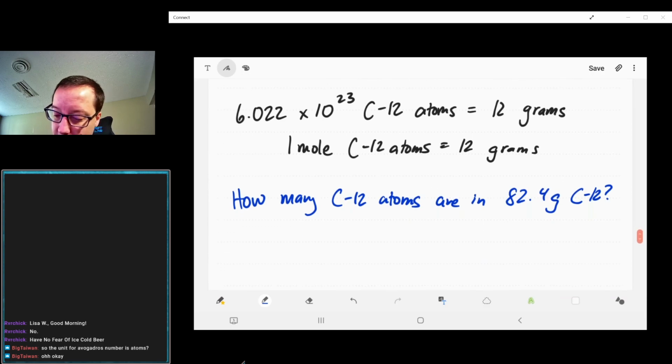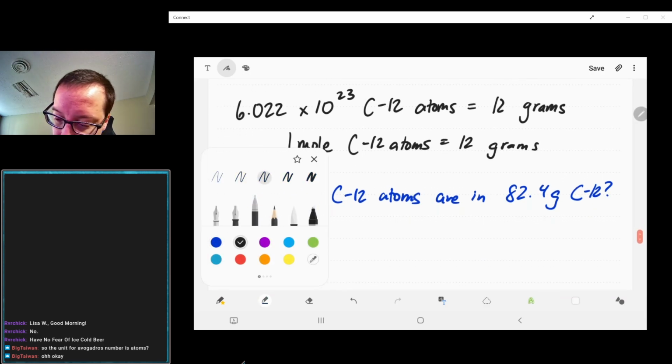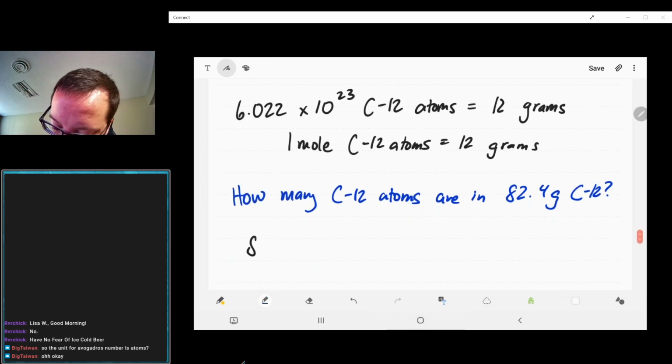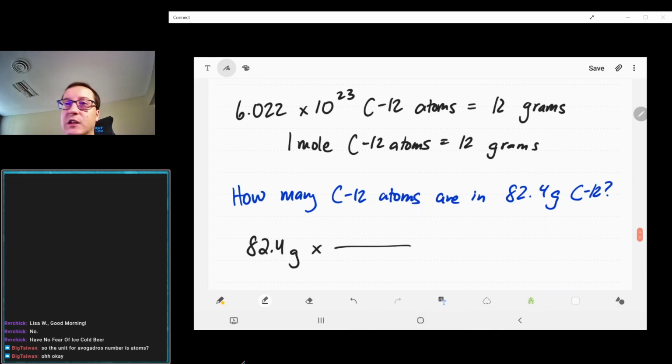We can figure this out. We know we have 82.4 grams. Just like anything else in chemistry, we're going to be doing a unit conversion. We do have something that tells us how to go from grams to atoms, and that's that first conversion factor we've put up there.